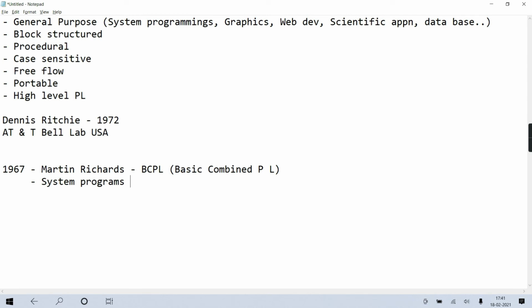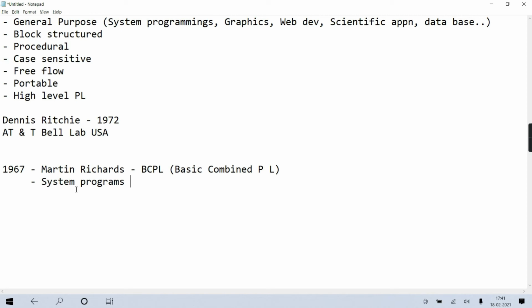Our programs are developed with the help of system programs, in which compilers, editors, linker, loader, OS all come. To develop such system programs, this language, BCPL, was invented.